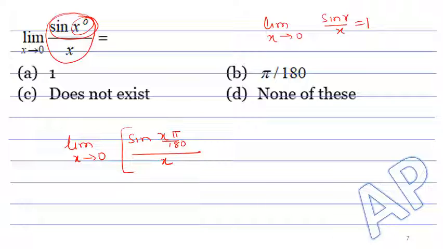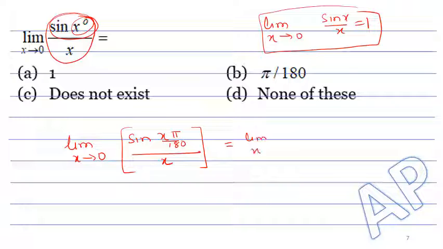But to bring it to the form of limit as x approaches 0 of sin x by x, let me multiply the denominator by pi by 180 and multiply the numerator also by pi by 180. So let us see this.